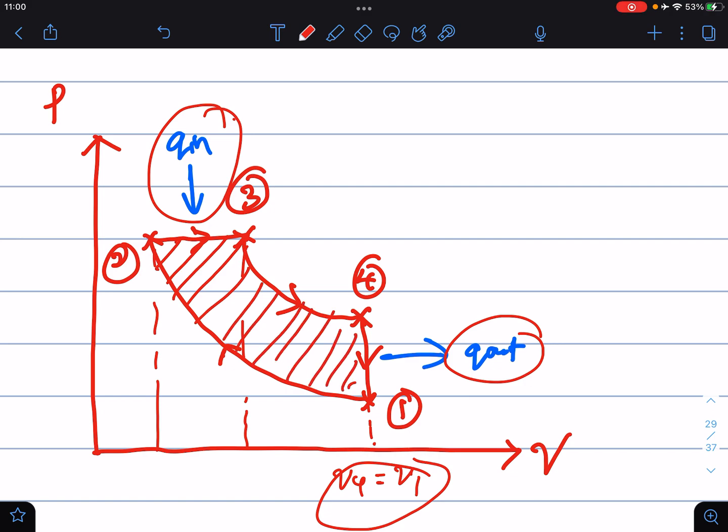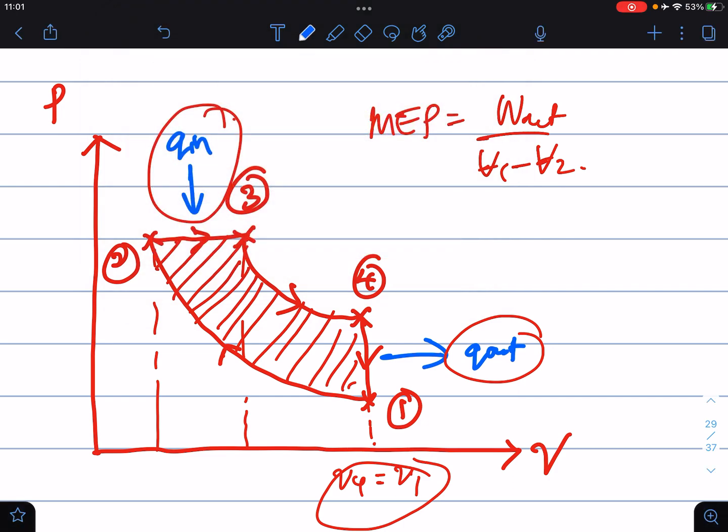Because the area is quite difficult to calculate because it has a curve, we just use the formula of MEP equal work net over V1 minus V2 to represent this area by replicating it into a rectangle.